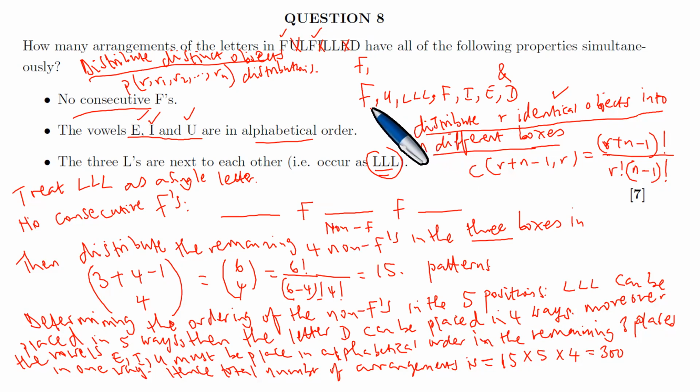Right, so obviously at this point we have separated, we went on to say then distribute the remaining 4 non-Fs in the 3 boxes. So the question is, how many non-Fs are there? Right, we counted the U, the I, and the E as one symbol.